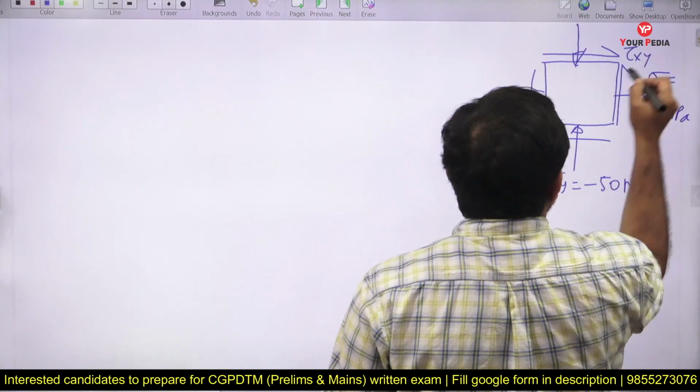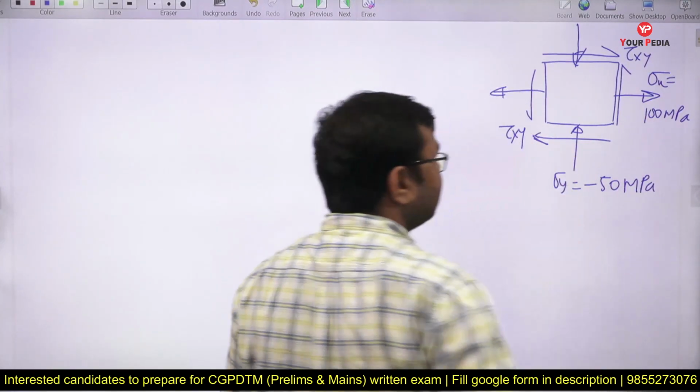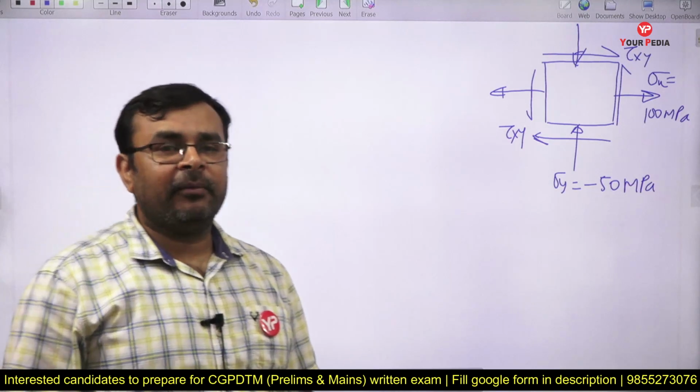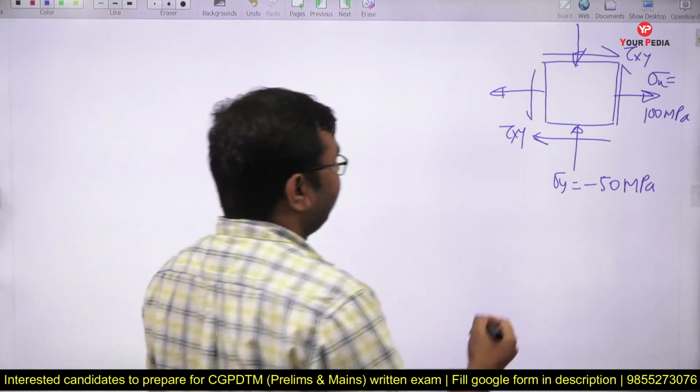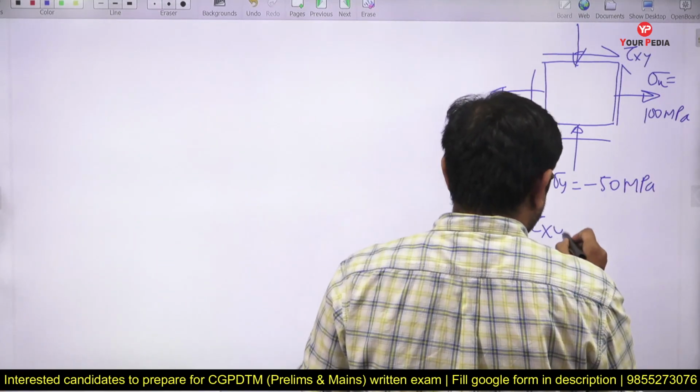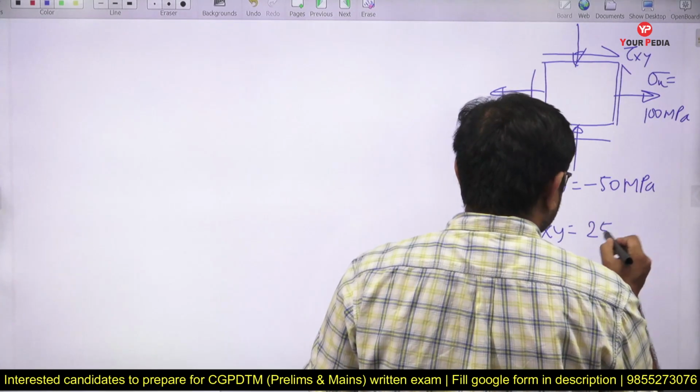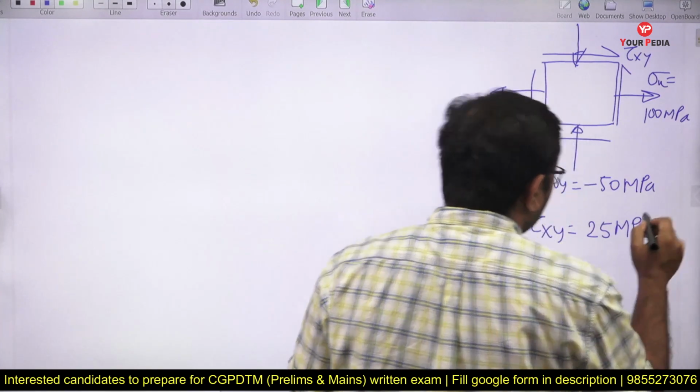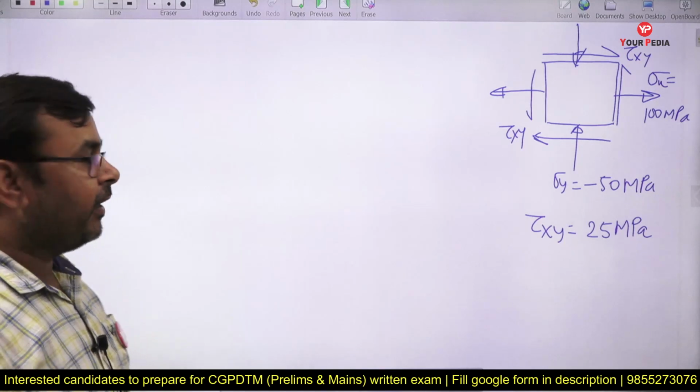Both stresses are complementary shear stresses and equal in magnitude, so I don't need to write it again and again. So this is tau xy, which is equal to 25 megapascal. Yes or no?